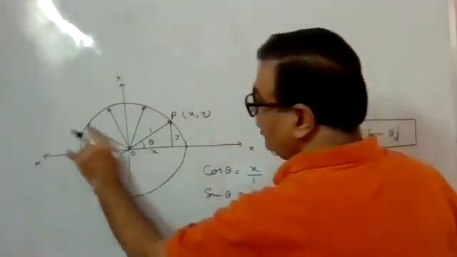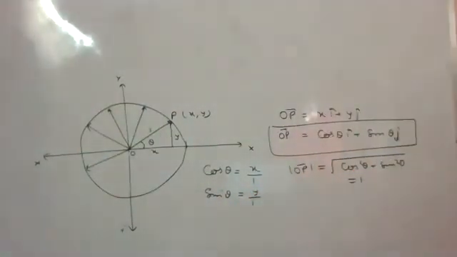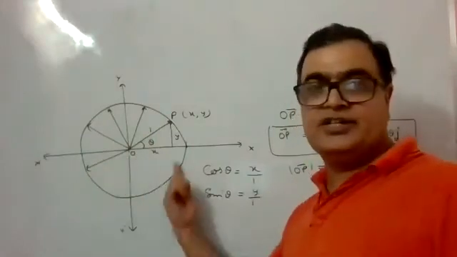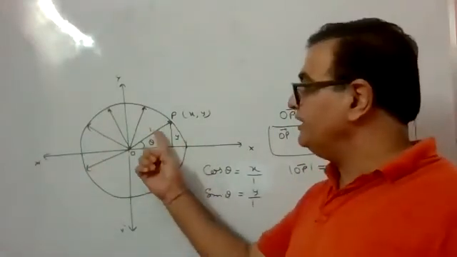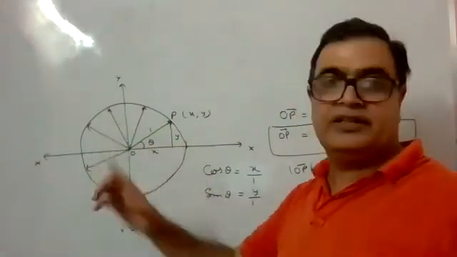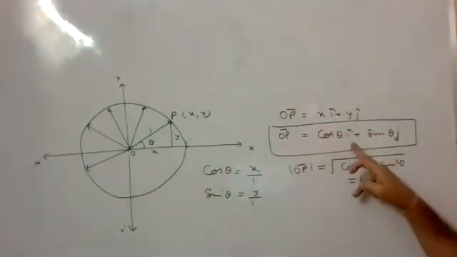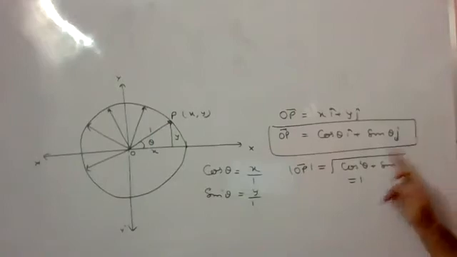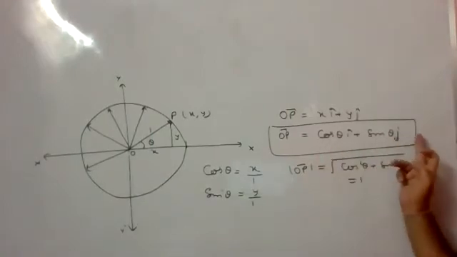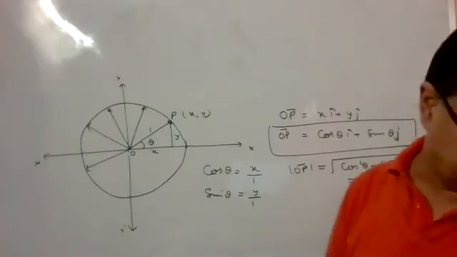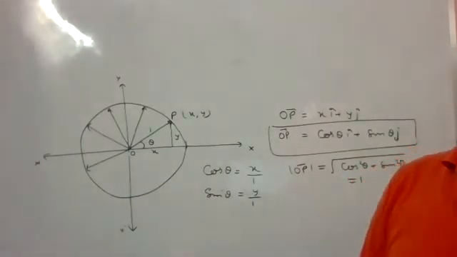Theta can go from 0 to 360, no problem. Theta will change in every vector, but other things are same. So we say cos theta i cap plus sin theta j cap. Whatever theta you take, its magnitude comes out to be 1.